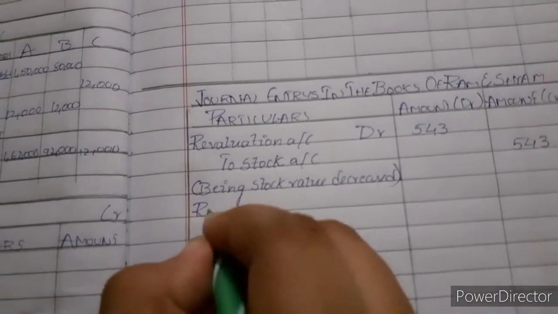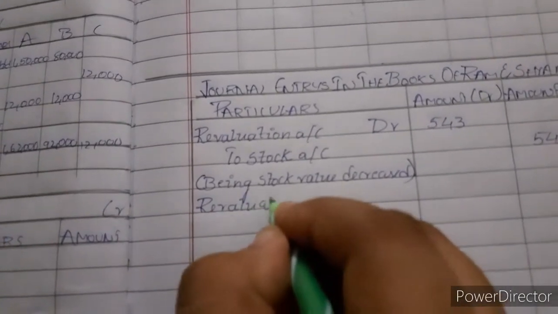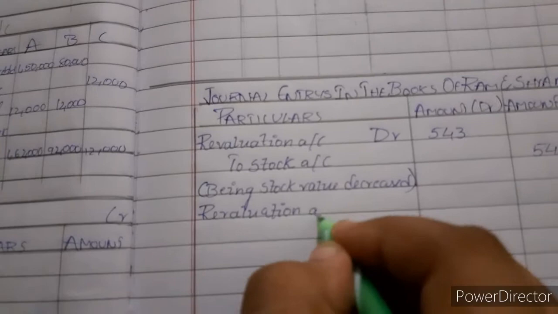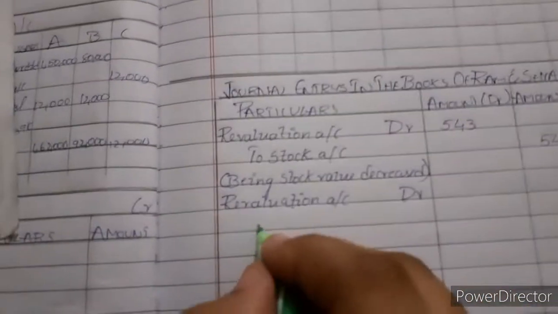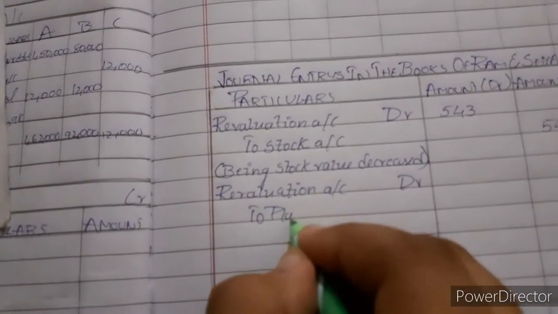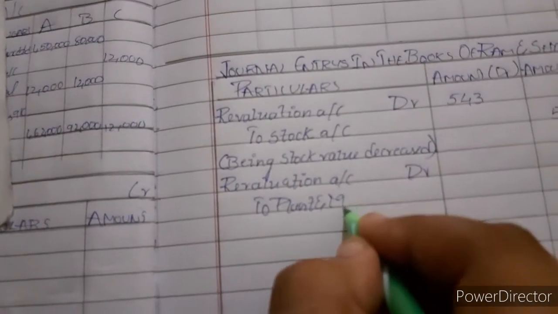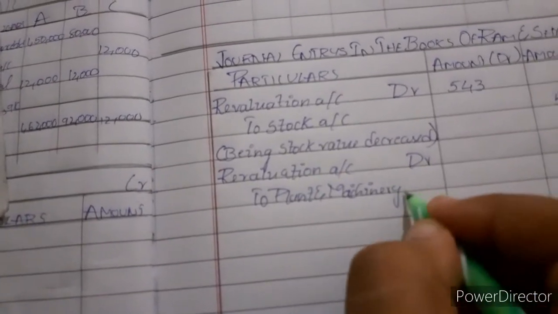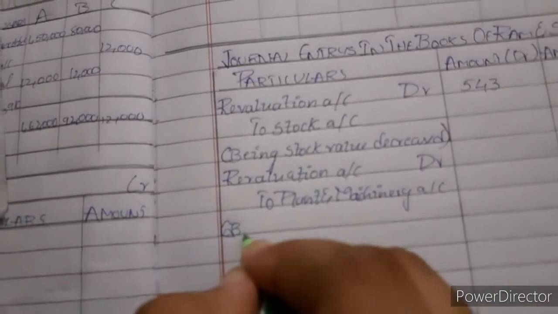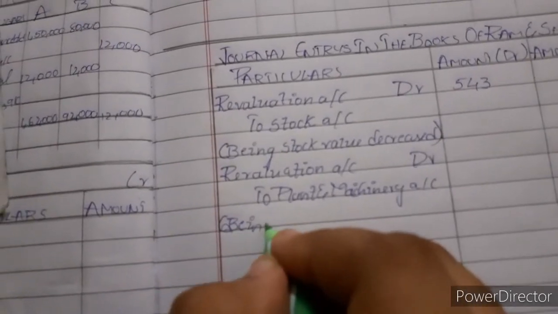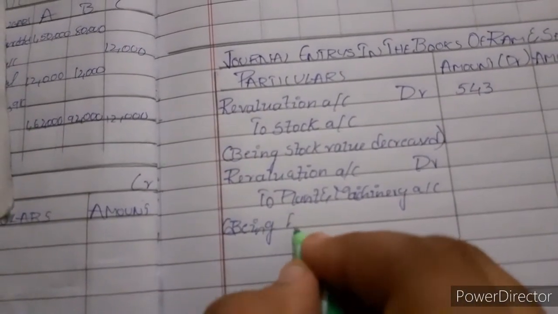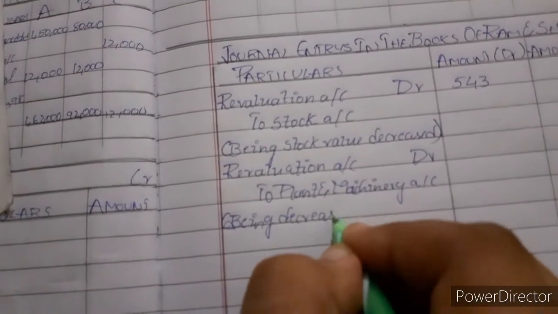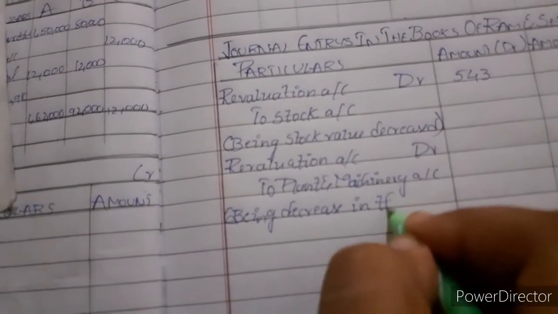So what will be in the journal entries? Revaluation account debited to plant and machinery account, being decrease in the value.